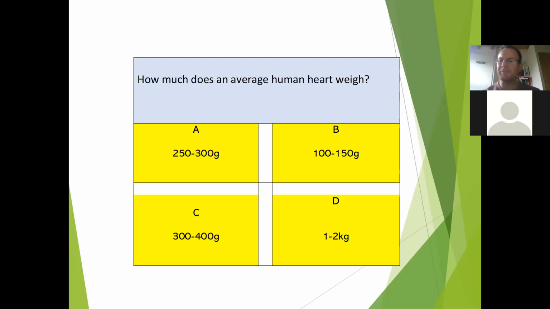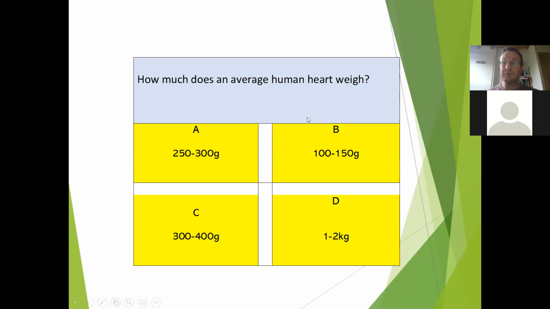It's about the size of a fist, and that size organ has to last your whole life, and every day pump all of your blood around all of those 60,000 miles of blood vessels. So incredibly efficient organ, and incredibly adaptable to our differing exercise status.